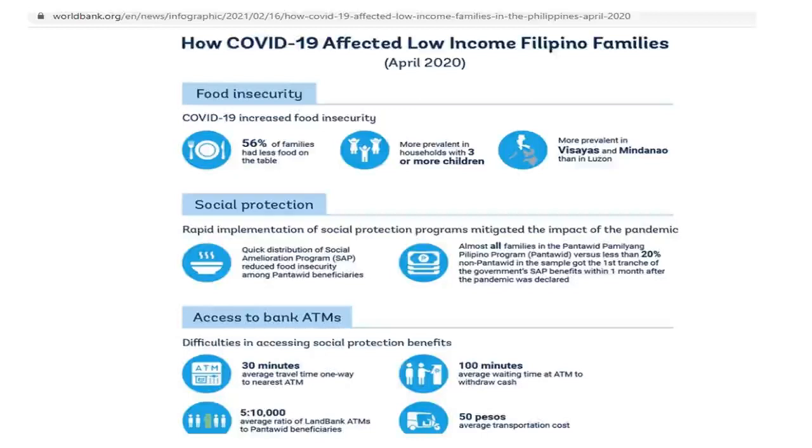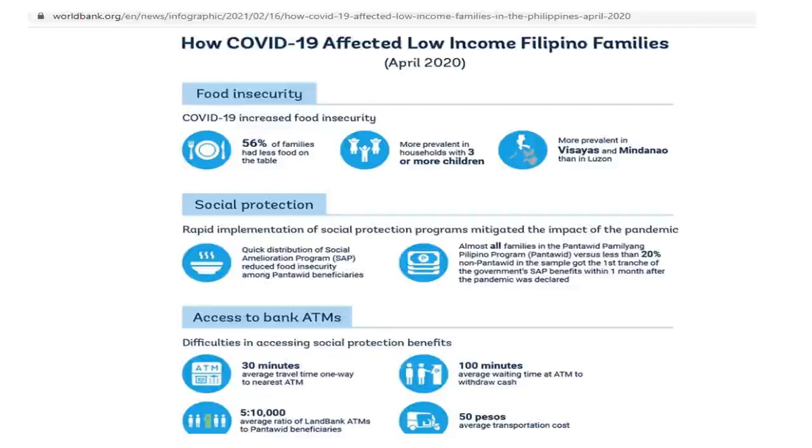Here's another example. This is from World Bank. So here we have figures on how COVID-19 affected low-income Filipino families dated April 2020. So let's first discuss food insecurity. COVID-19 basically increased food insecurity, and this reflects reality.